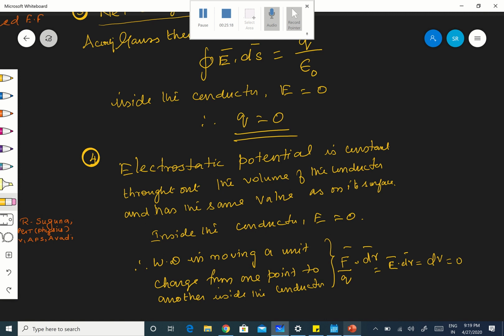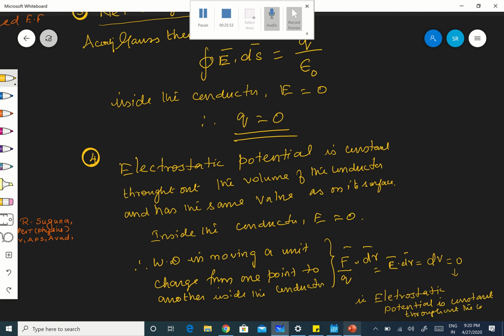What do you mean by that? It means the electrostatic potential is constant everywhere, constant throughout the volume of the conductor.